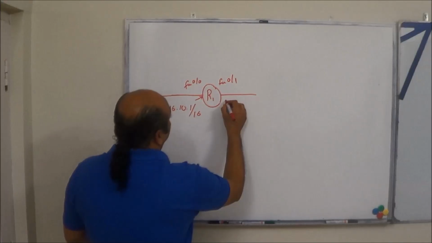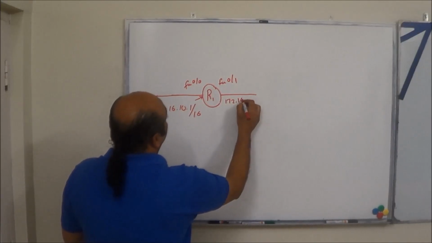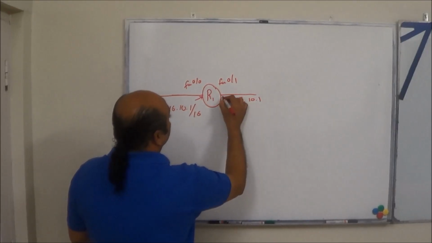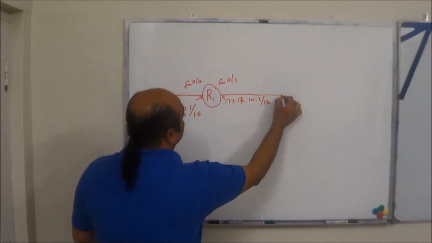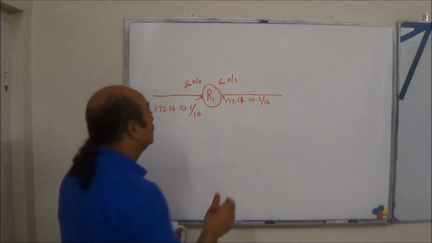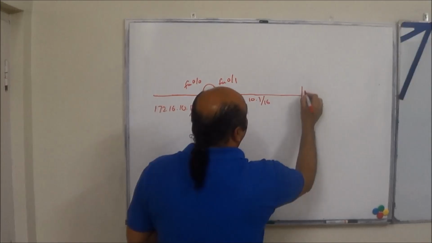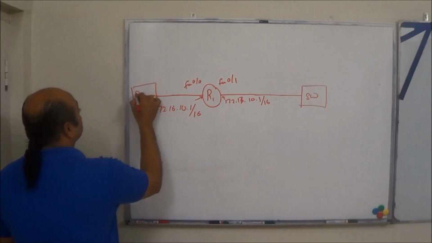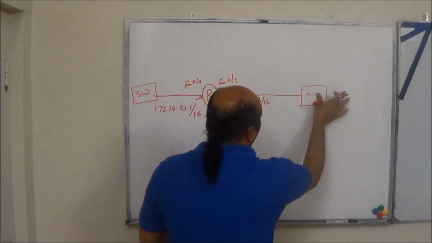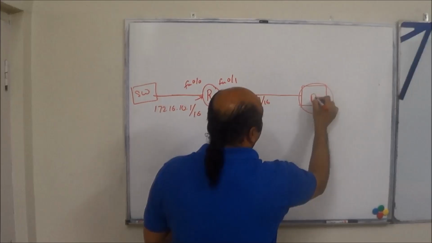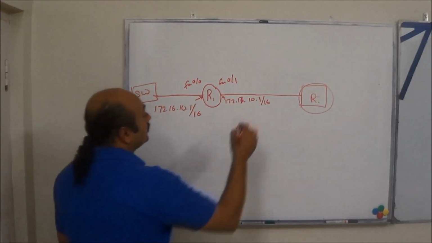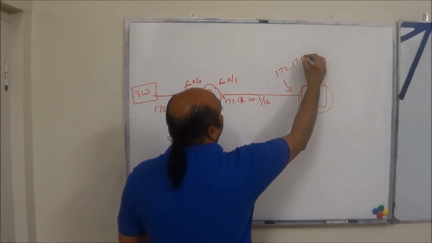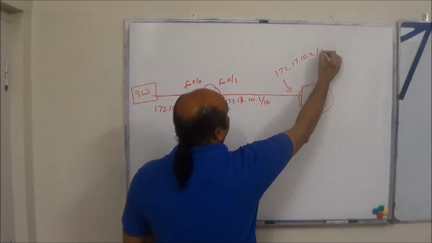This is 172.16.17.10.1/16. This is a switch, and here is also a switch, or you can put a router. And this is 172.17.10.2/16.